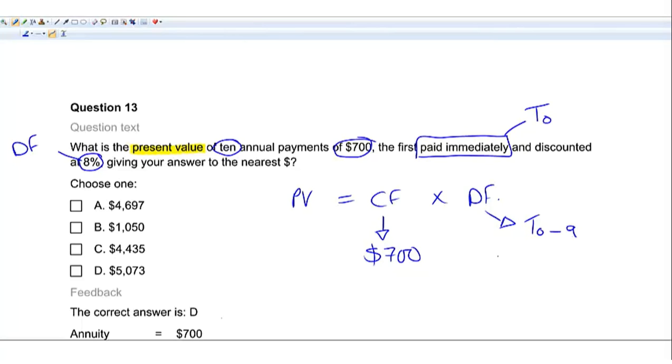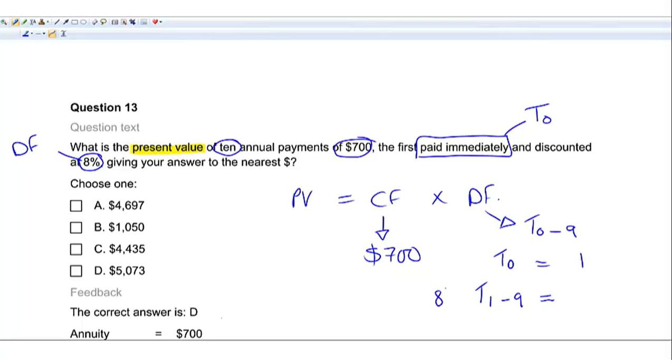When calculating the discount factor to use here, we need to remember that the discount factor in time period 0 is always equal to 1. Then the discount factor for time periods 1 through to 9, the remaining 9 payments, we can get from our annuity tables or cumulative present value tables.